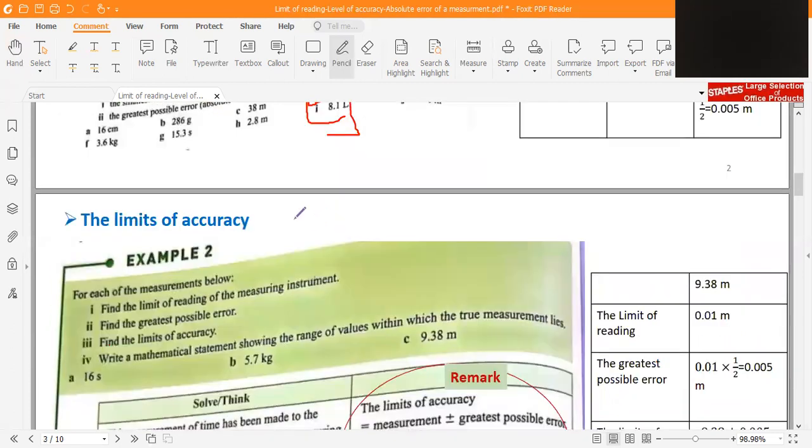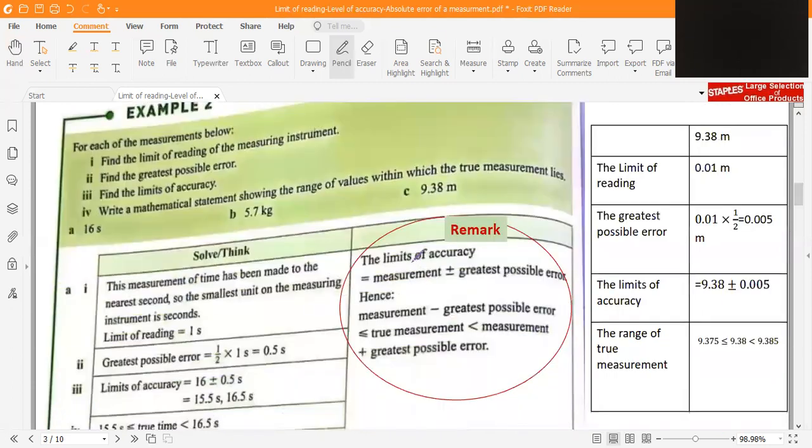Now, how are these terms related to the limits of accuracy? The limit of accuracy we can calculate using the original measurement that we have, and we can add the greatest possible error or subtract it.